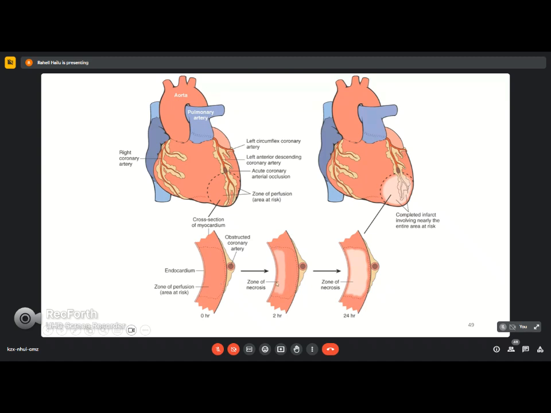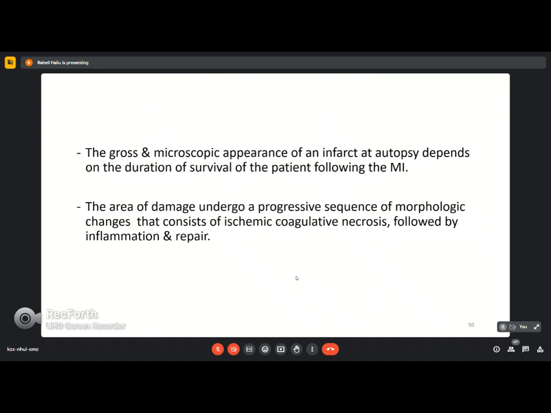And here you see the progression of the ischemia. So within the first 2 hours, there is more inner side ischemic infarction, and if the occlusion persists for the next 24 hours, it becomes a full transmural infarction. But it starts more on the inner wall of the heart.